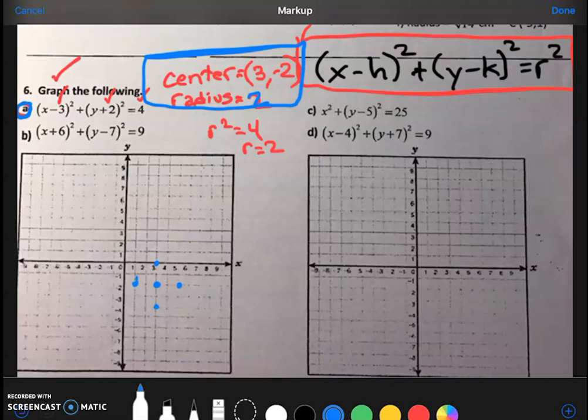And then as best you can, you're going to kind of connect those 4 dots in a roundish fashion. And then that would be your graph with center 3 comma negative 2 and the radius of 2. So go ahead and finish the rest of number 6.